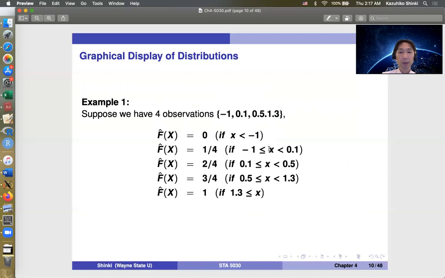If x is between -1 and 0.1, for example x equal to -0.5, one observation out of 4 is less than -0.5, so F hat of x is 1/4. And we continue. If x is larger than 1.3, for example x equal to 2, all observations are less than 2, so F hat of x is 1.